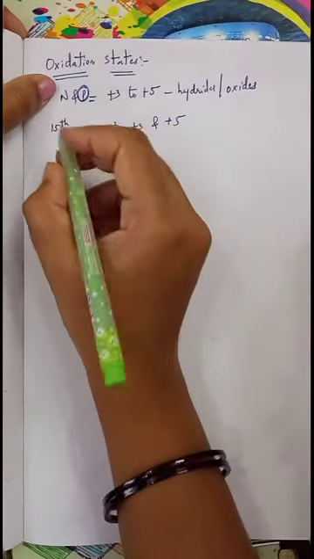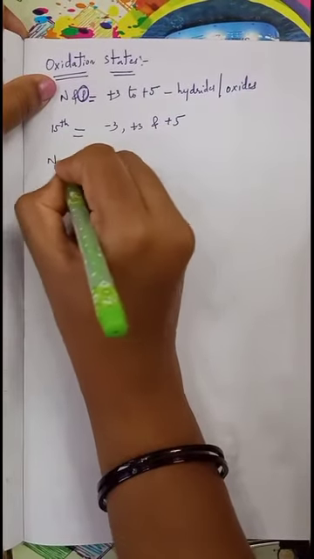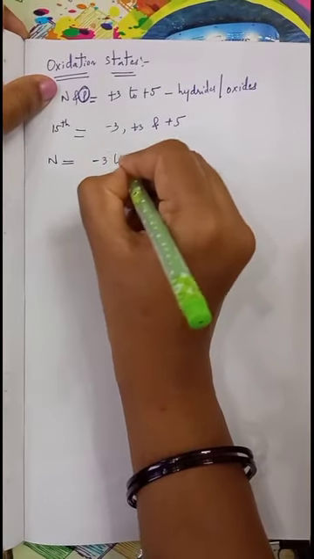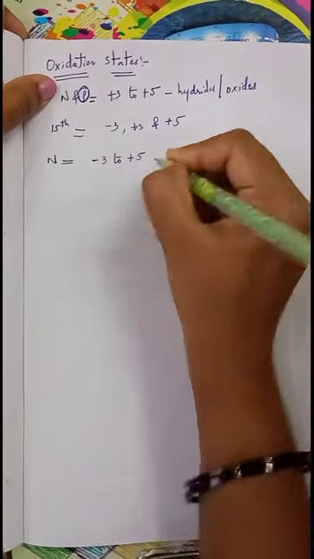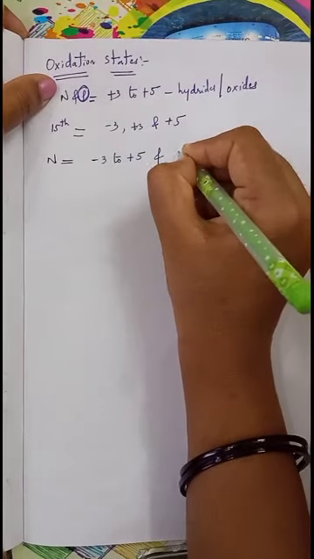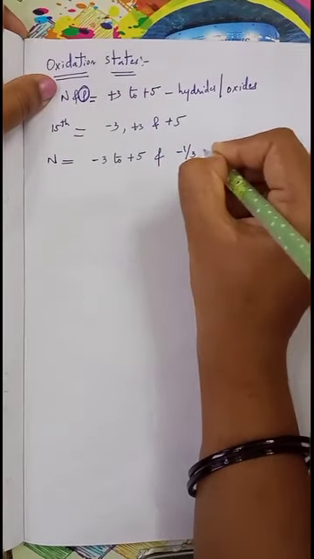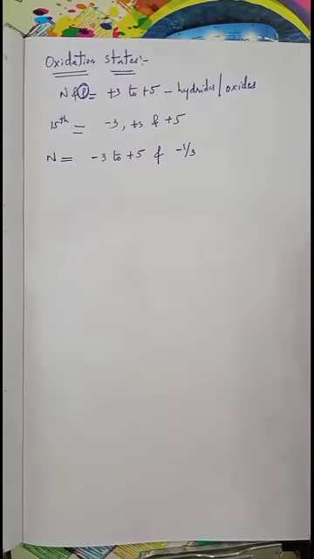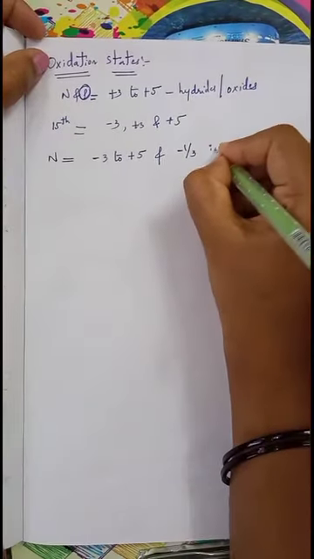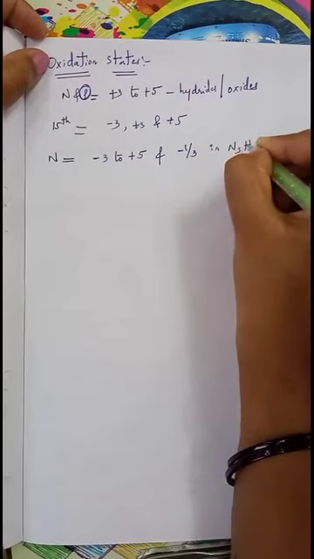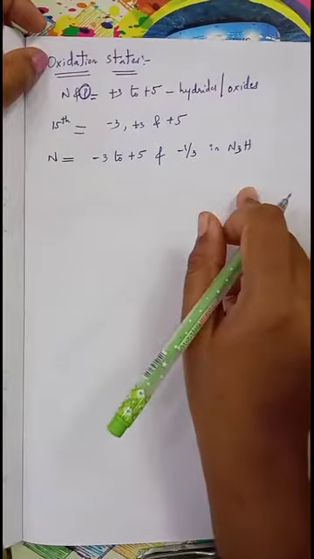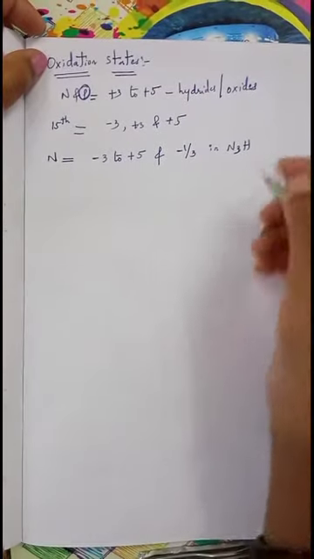Along with that, nitrogen can exhibit all oxidation states from -3 to +5, and it can also show a -1/3 oxidation state in N3H, which is one of the hydrides of nitrogen. In N3H, the oxidation state of nitrogen is -1/3.